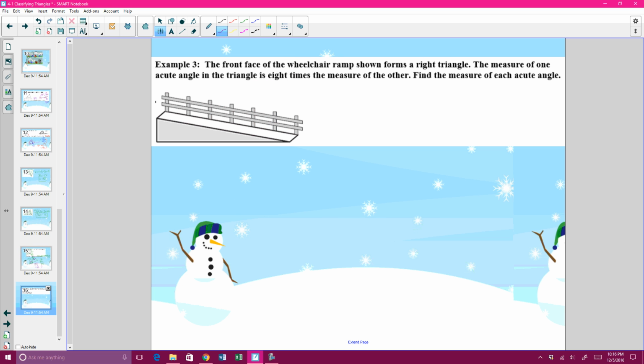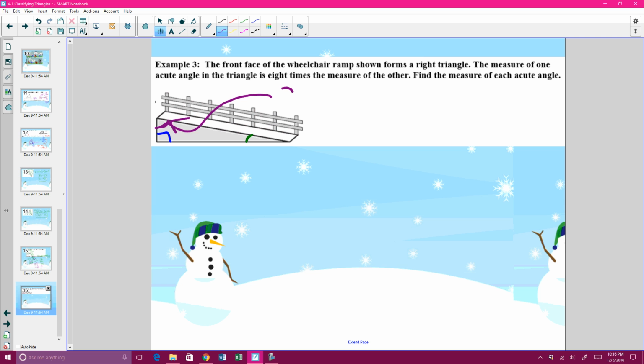So here's an example. It says the front face of a wheelchair ramp shown forms a right triangle. The measure of one acute angle, so that would be this one, is 8 times the measure of the other. So that's this one. This is 90 degrees, but technically I do not need to use this. So let's make this one the larger of the acute angles.